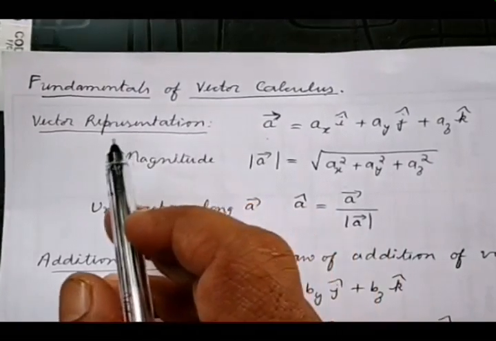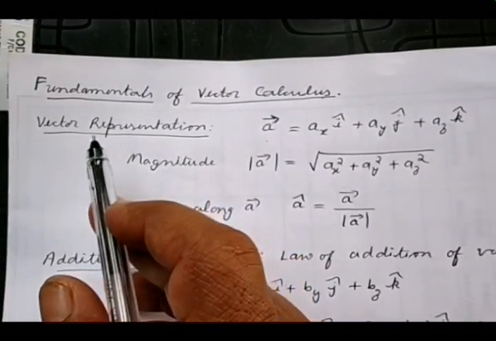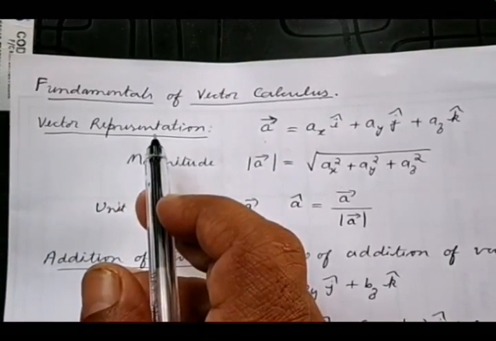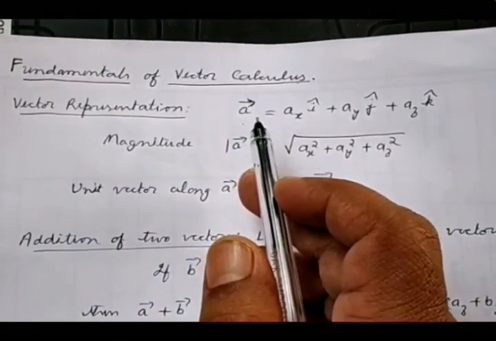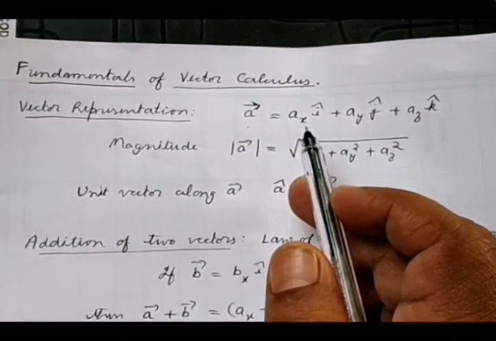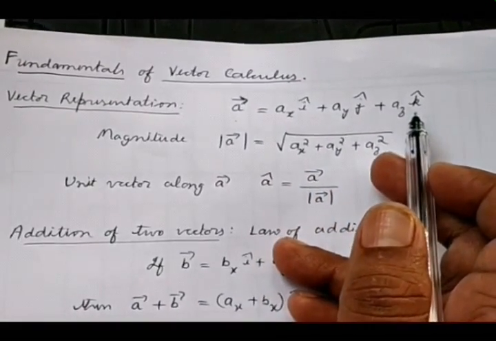Now let us briefly discuss some of the fundamentals of that vector. How is a vector represented in mathematics? So you see a vector A bar is written like this: ax i cap plus ay j cap plus az k cap.